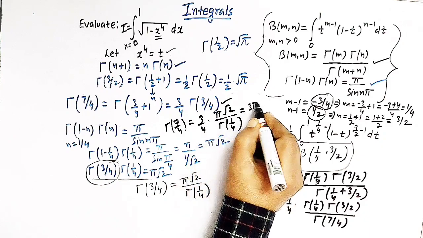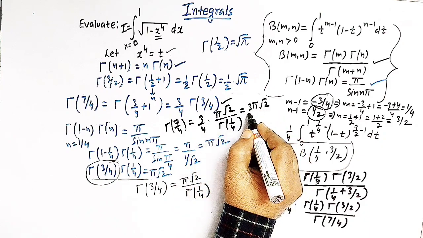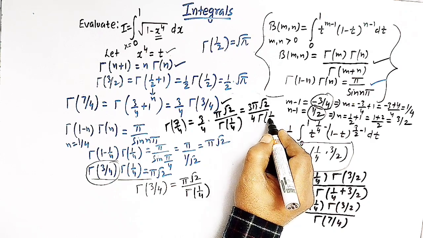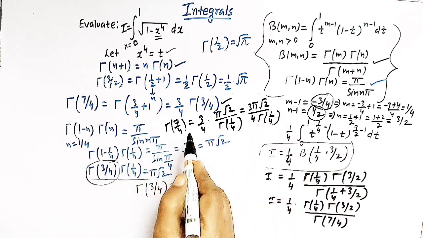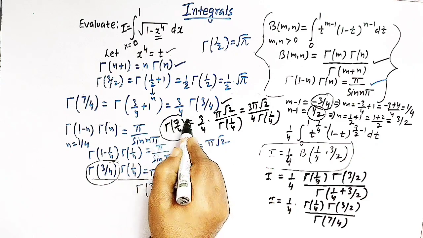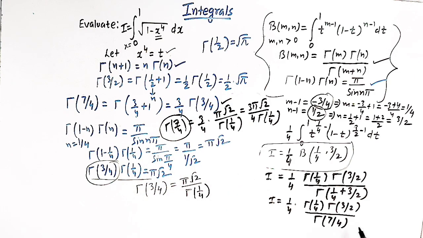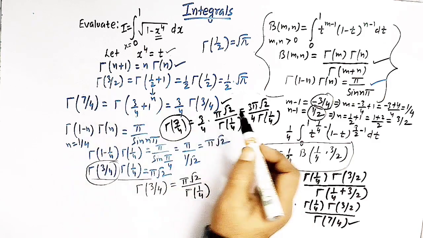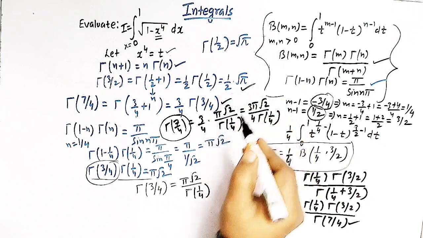So we have 3 pi root 2 divided by 4 times gamma 1 over 4. So now let us substitute the value of gamma 7 over 4 in this relation, and then we'll also substitute the value of gamma 3 by 2, that is half root pi.